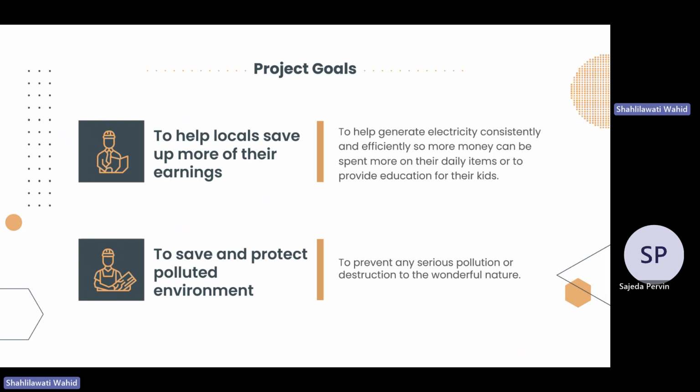But with the help of this power plant, we are able to provide them the opportunity to go to school to learn. It also saves and protects the polluted environment, which is becoming a big issue across the world, not just there. So this can help to prevent any serious pollution or destruction to the nature around.